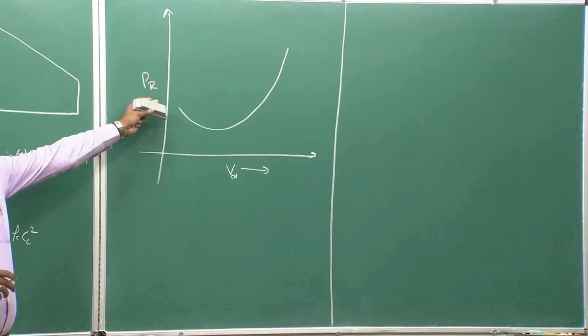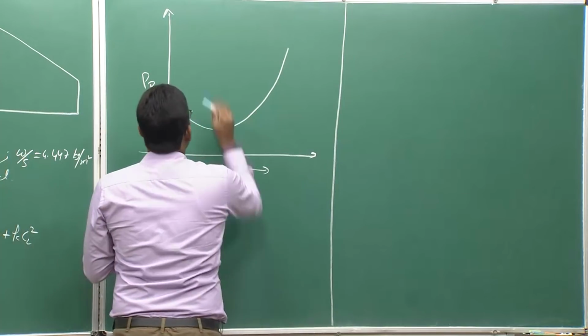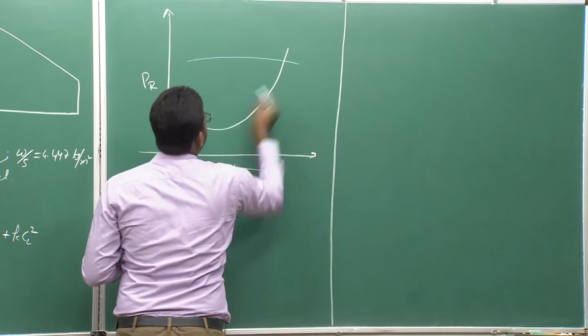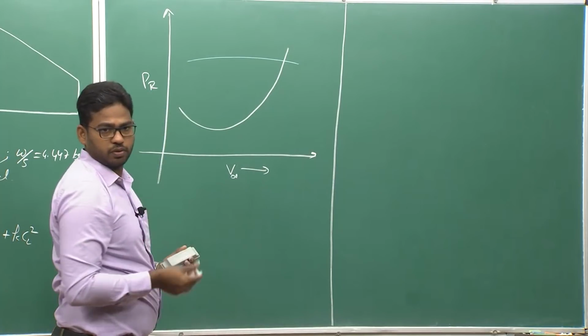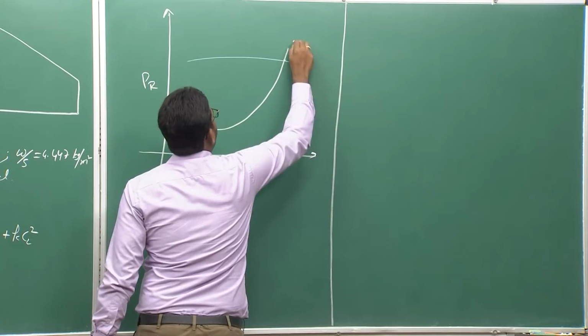This curve represents the typical variation of power required with velocity, and if this is your power available, it almost remains constant with velocity for a propeller driven aircraft.